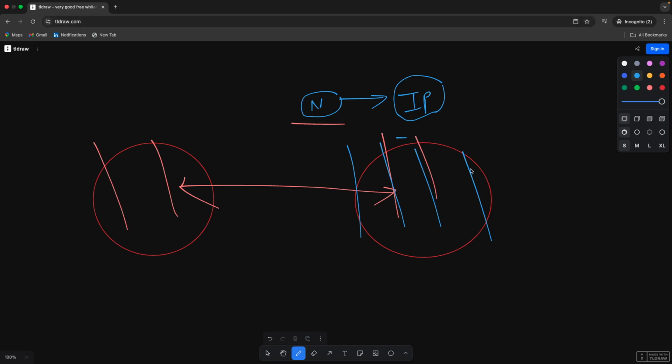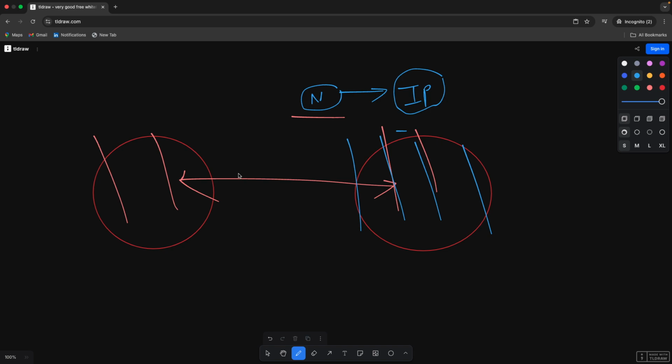It won't be able to understand it because it can only understand numbers. That is why we do a domain name to number mapping, right? So the job of the domain name system is to map an IP address to a specific domain name.